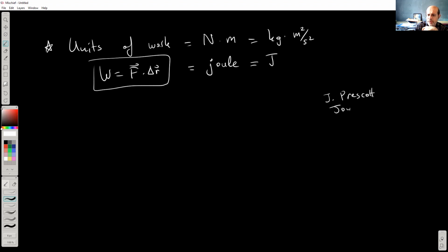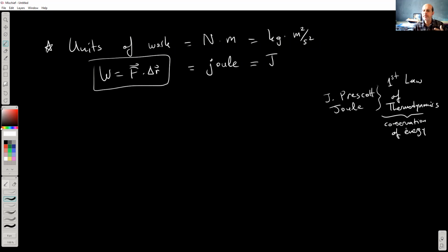All right, I'm just going to write it in here. You're going to learn about Joule and his experiments later in the fourth year. He is the one credited with the first law of thermodynamics. It's basically the conservation of energy. I mean, he did some experiments that established the statement of the conservation of energy in a broad sense, actually.